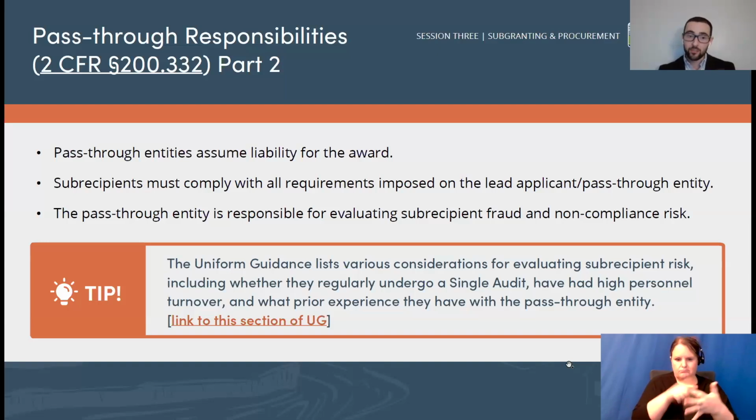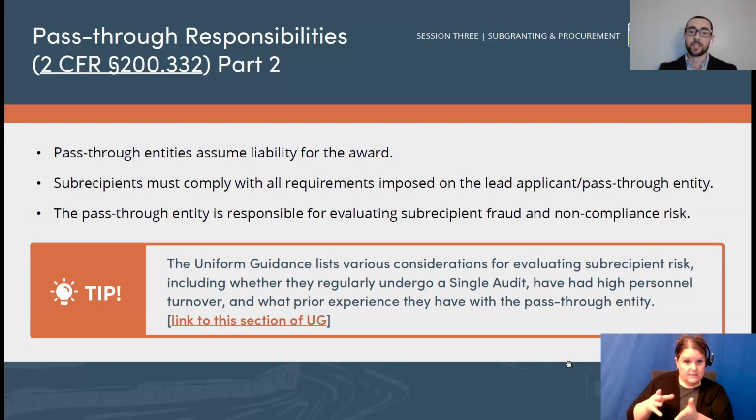The pass-through entity is also responsible for evaluating subrecipient fraud and non-compliance risk. We're going to talk about that a little more, but basically in the Uniform Guidance, or the Code of Federal Regulations, there are a lot of considerations that the pass-through entity must take into account when evaluating subrecipient risk. These can include whether the subrecipient undergoes a single audit regularly, right?